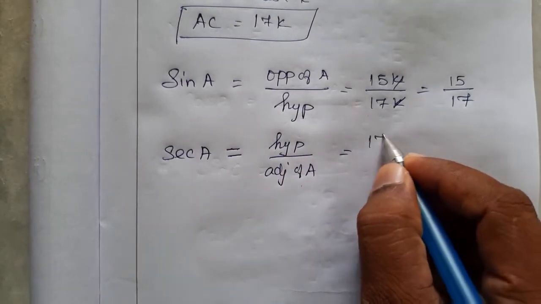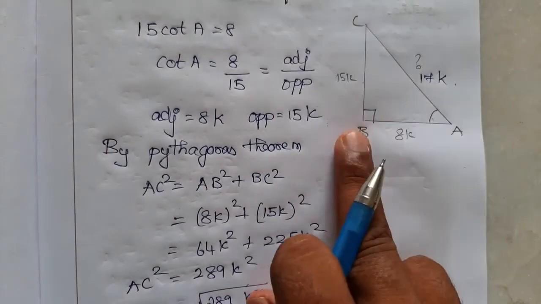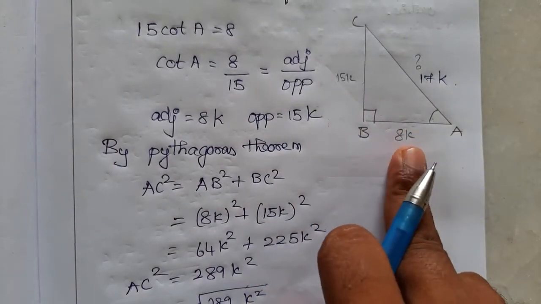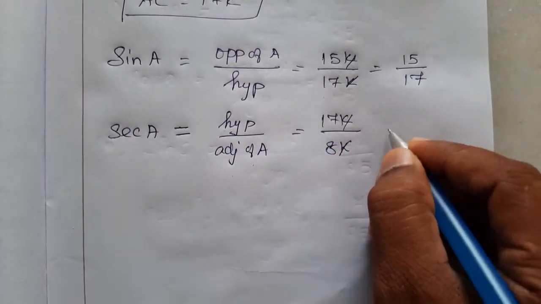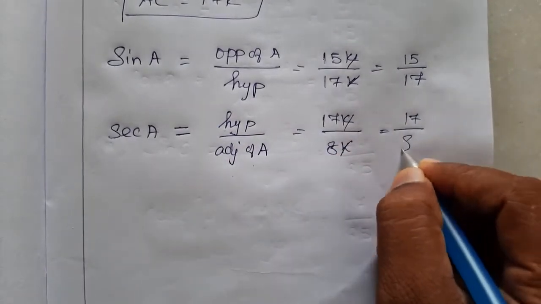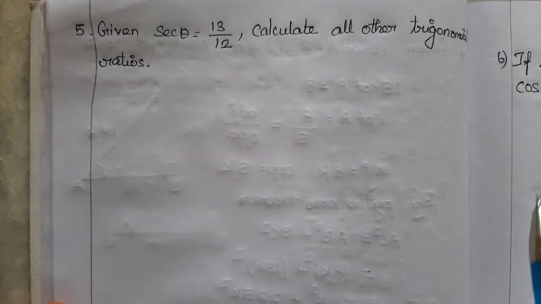So hypotenuse is always 17k, there is no change, only adjacent we have to find. Adjacent of A, that means adjacent to 90 degree is 8k. So 8k and k will cancel, we will be getting 17 by 8, and this is our value. So here we go for the next problem.